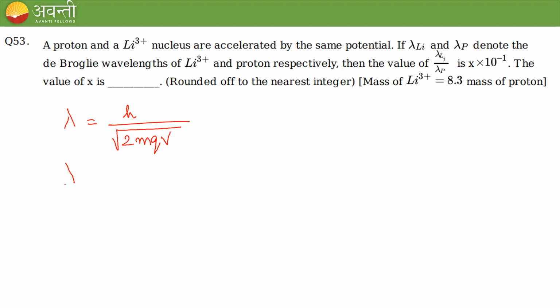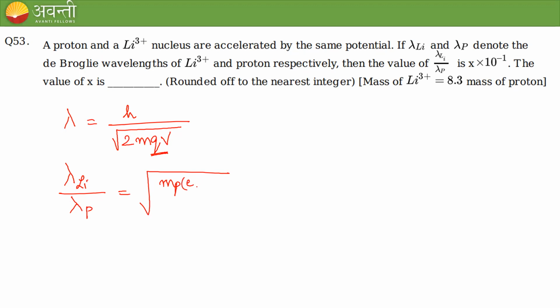So on taking the ratio of the wavelength of lithium and the wavelength of proton, h gets cancelled and we get root of mass of proton into the charge. Charge of proton is 1 e, right? Only 1 electron will be there.